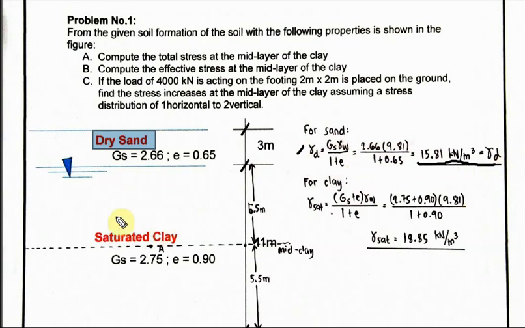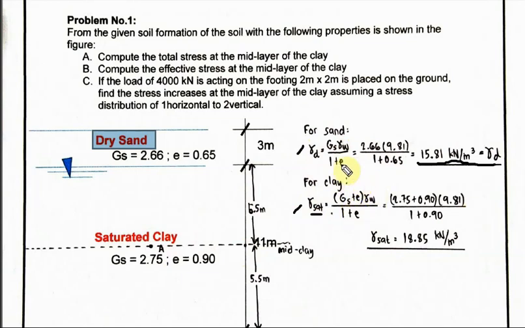While for the saturated unit weight, we use the given formula, which is in the PDF that was already posted on the USTEP platform. It is (Gs plus e) times the unit weight of water over 1 plus e. To make it easier to remember, for the dry unit weight the e in the numerator is 0, so Gs plus 0 times the unit weight of water over 1 plus e.